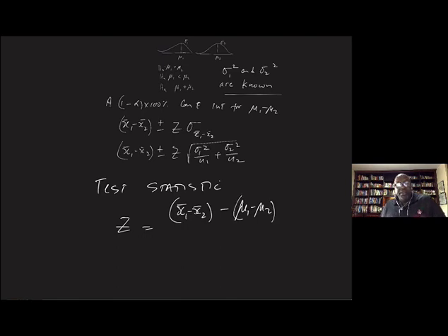And it turns out that mu1 minus mu2 is the population mean of the difference between the two means. So if I know the two population means, then the difference between them is just to subtract them. And then, of course, all of these test statistics have the format of the point estimate minus the population parameter divided by the standard error. And now the standard error in our case is the square root of sigma 1 squared over n1 plus sigma 2 squared over n2.